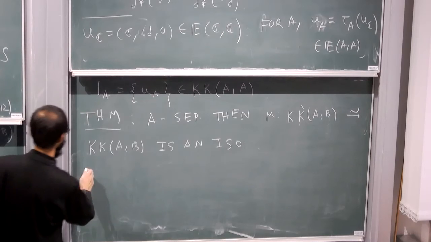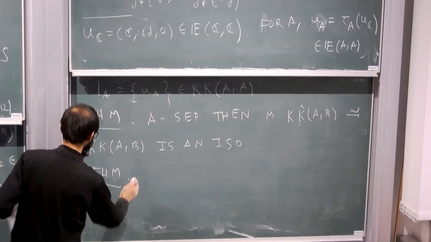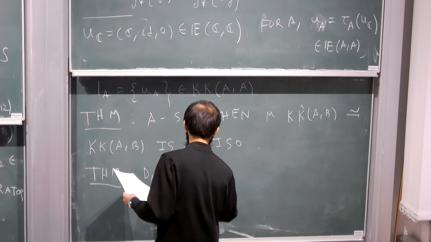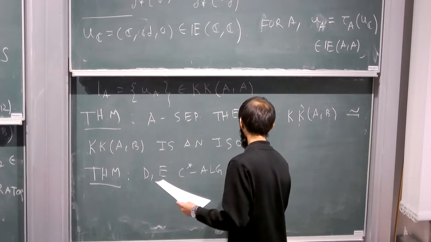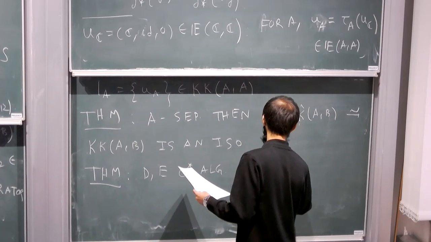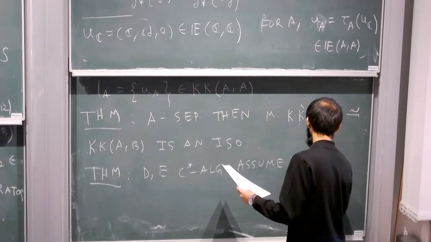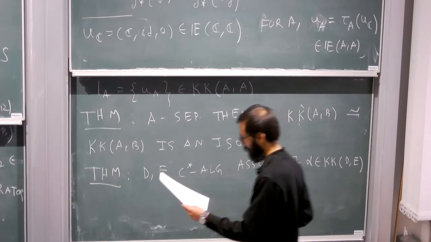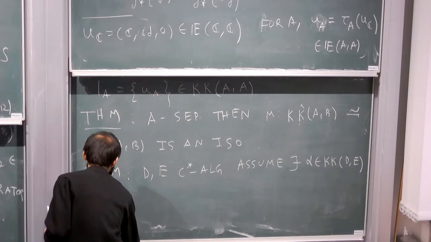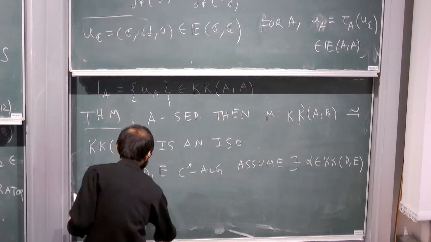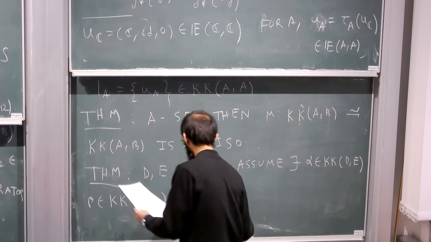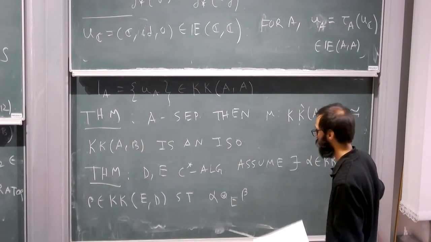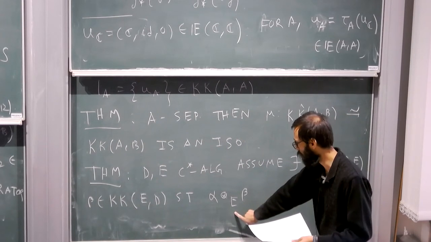I would now state something which would be taken up by Sophie in great detail. So D, E are C-star algebras. Assume there exists alpha and beta such that alpha is D comma E, beta is E comma D, so tensor over E makes sense.